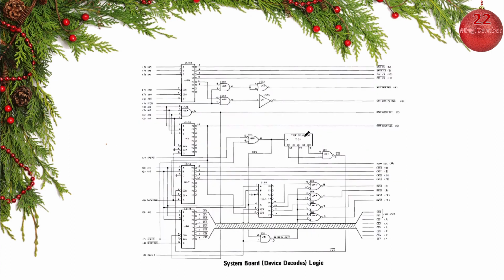And this is from the system board on the 5150 PC from IBM. And you can see here, these 3 chips are 138s, and they do the address decoding, system device logic decoding, together with some other chips, of course.